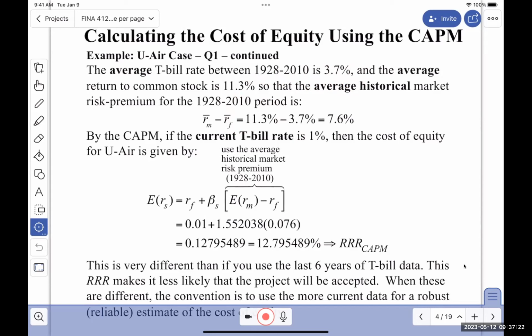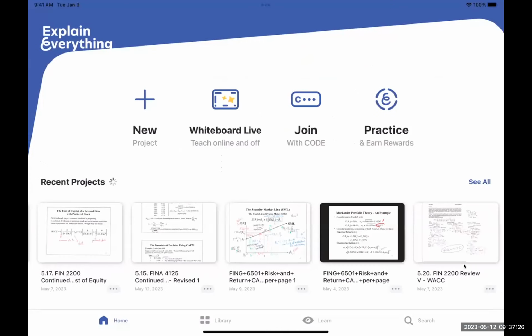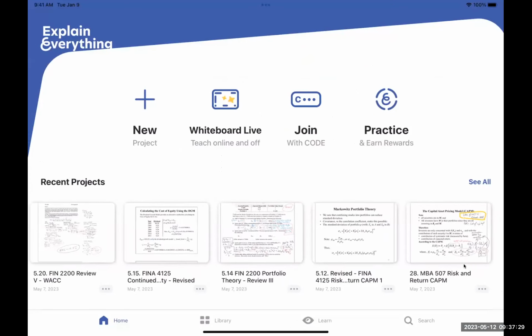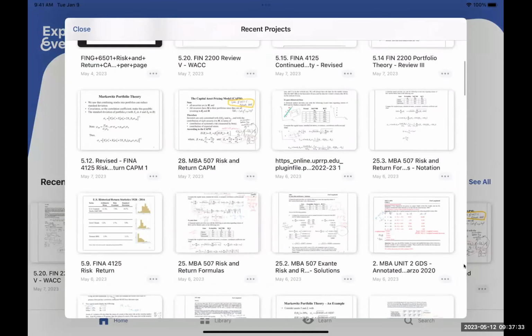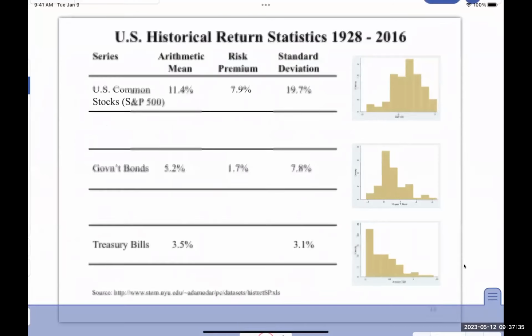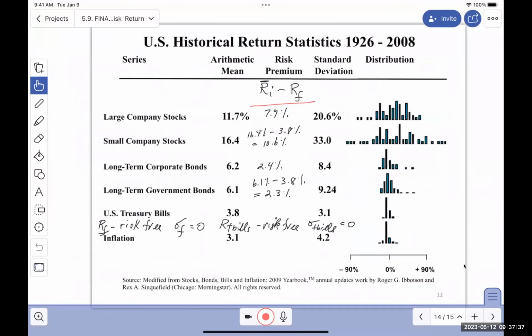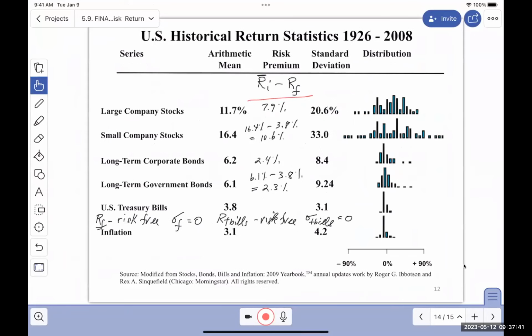So this is the information from that. I'll just show you where I'm getting it from. It was the risk and return data, this stuff here. I said 2010, but okay, it's 2008.